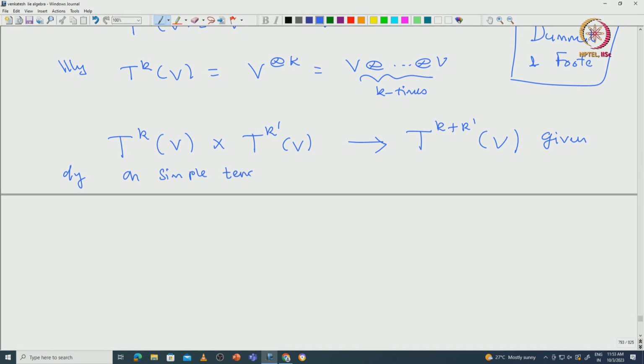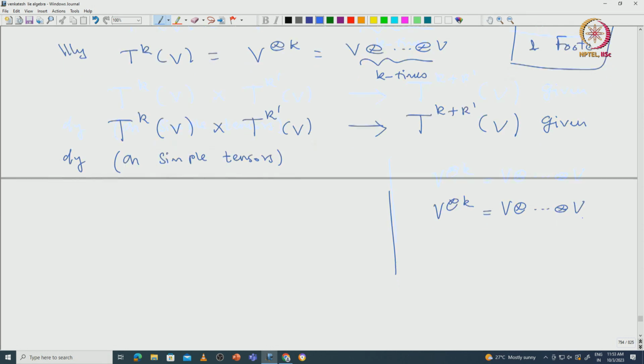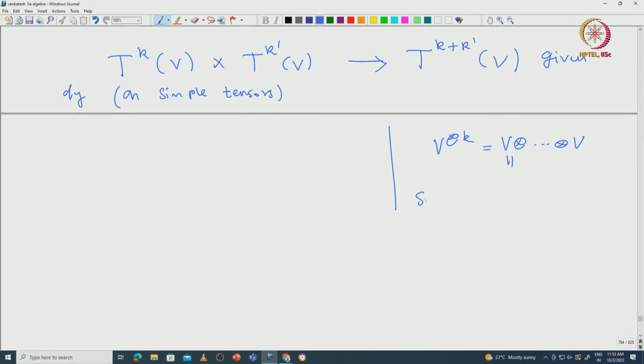So, what is a simple tensor? Simple tensors span any k-fold tensor product. If I take V tensor etc. tensor V, it is easy to see that the span of V1 tensor etc. tensor Vk, where each Vi comes from V, is the k tensor product of V. These elements are called simple tensors.